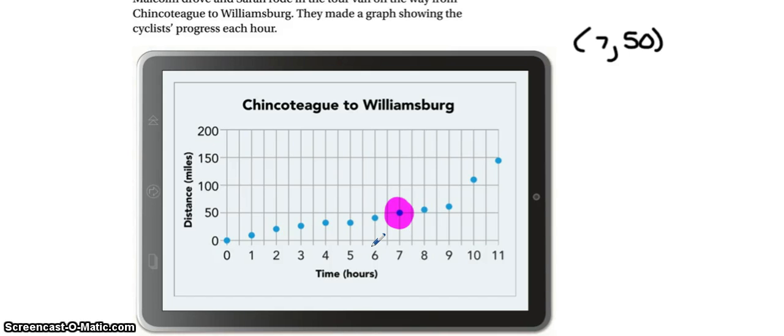We can also determine that based on this, if we look simply at the distance from hours 6 to 7 on the graph here, if we connect the distance here, see how shallow that line is from 6 to 7, 7 to 8. It's kind of a shallow line.